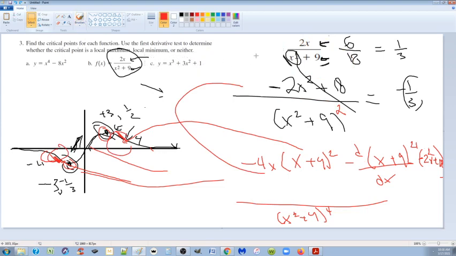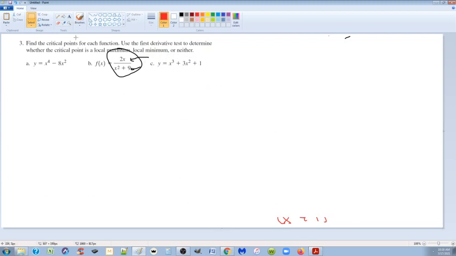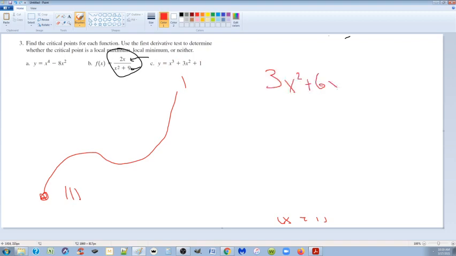Not so for polynomials. So looking at this polynomial, first of all, I'm dealing with a cubic that's positive, so I know it's starting in quadrant 3, going up, and ending in quadrant 1. I also can see that there's nothing to be factored out. So the first derivative of this is this. Setting that to 0, I can factor out the 3x, and I'm left with x plus 2 equal to 0. So I can tell you that at 0 is one of the critical points, and at minus 2.